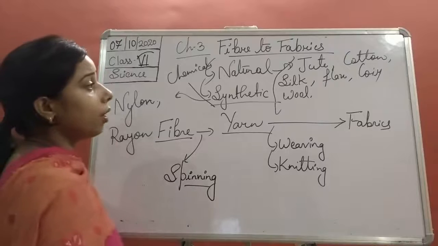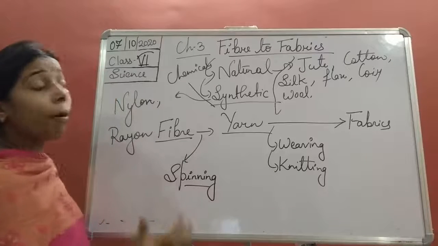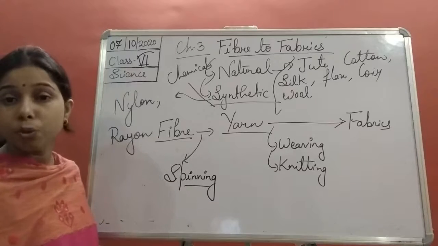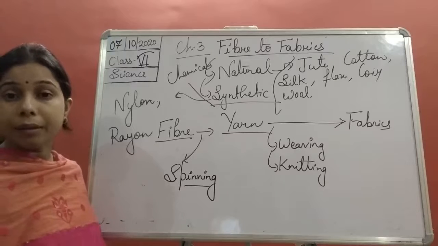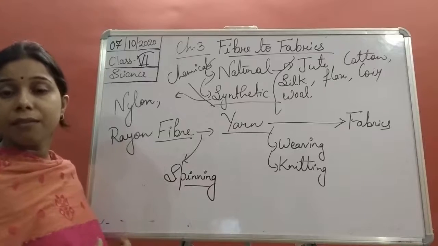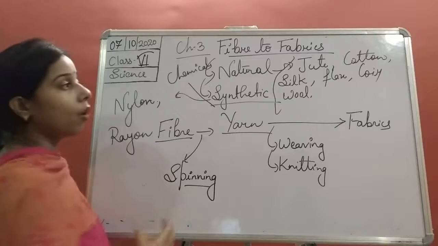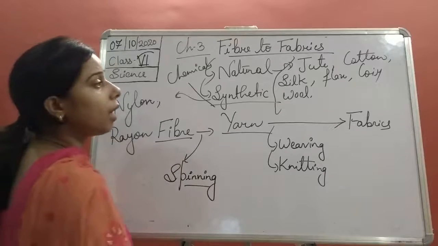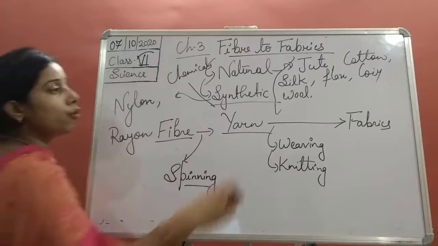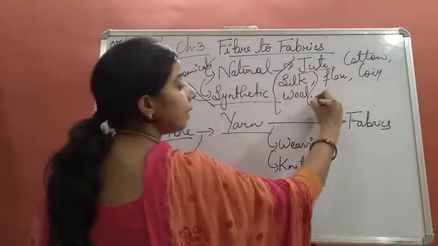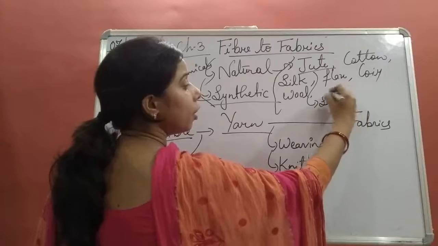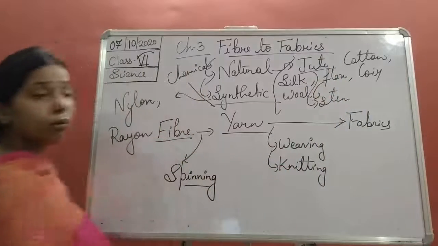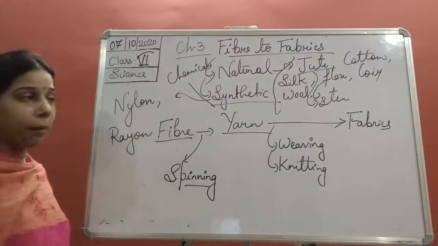So you see students, we had discussed how we can obtain jute from the jute plant, which part we take to extract the fiber from the plant. You know that jute is basically the stem of the plant. Not only jute but flax also, we take the stem of the plant.